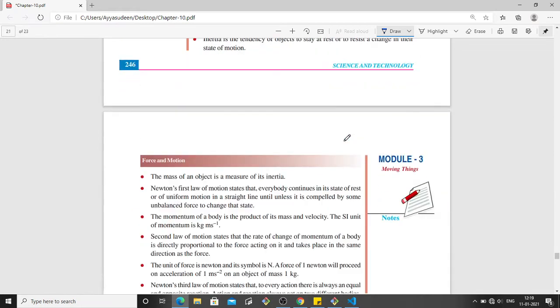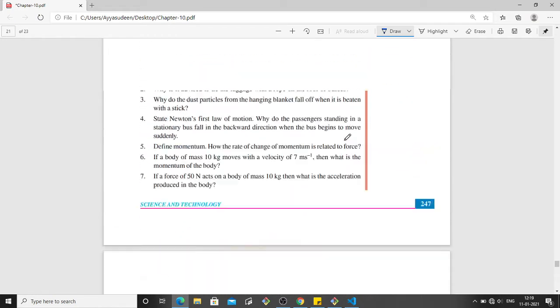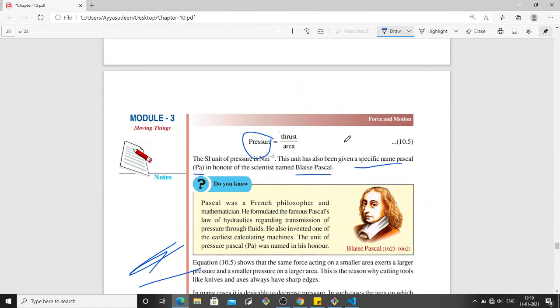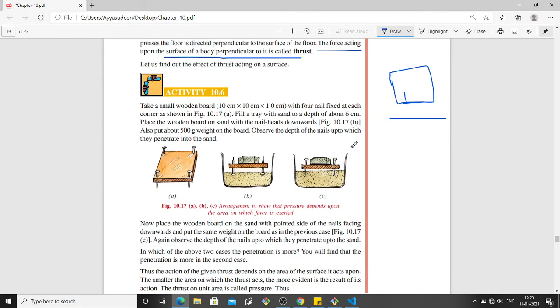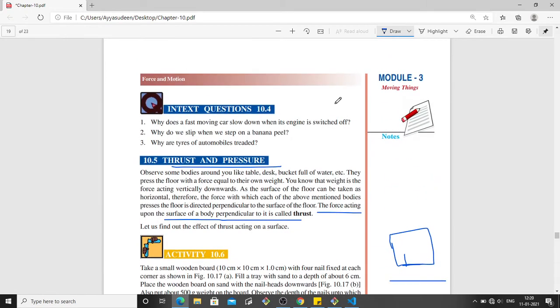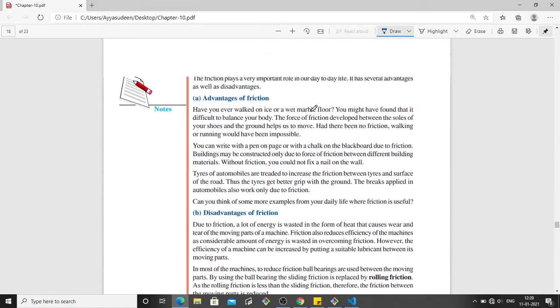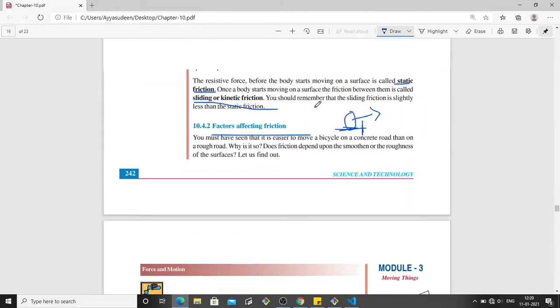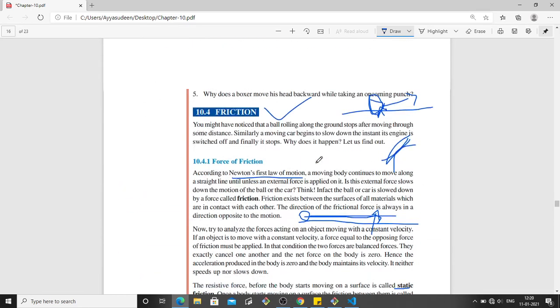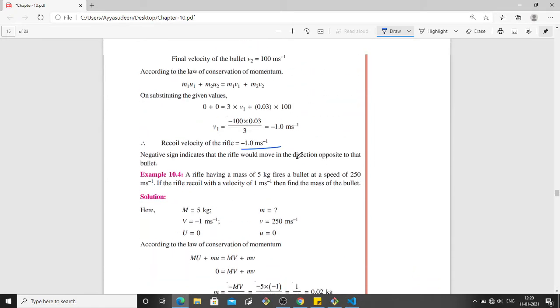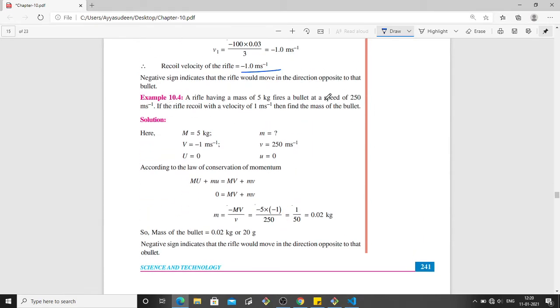So yeah, we have completed this lesson. I know this lesson is a little difficult because it's physics, so you have to read multiple times, and whatever problems are there, you have to solve in your notebook. In our online class, we cannot solve them because it will take more time. You'll be bored, so you have to sit down and read the question well.